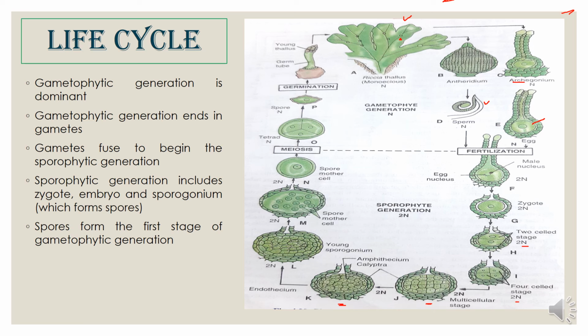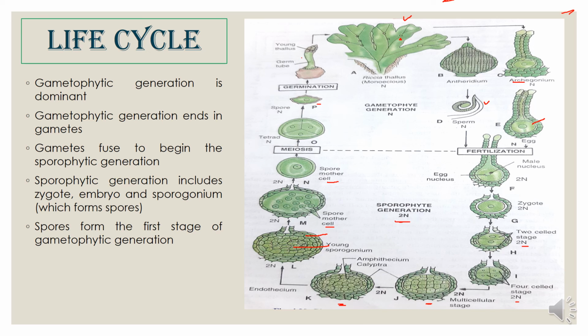Then differentiation occurs, and here we see the outer layer of amphithecium and the inner layer of endothecium. The endothecium develops into spore mother cells, which later develop spores. Each spore mother cell undergoes division to form 4 spores, and each of the spores is haploid and develops into another gametophytic phase.